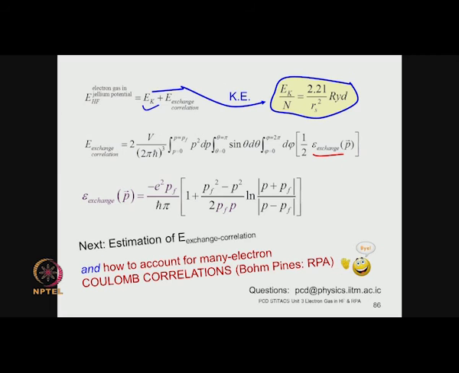You improve upon it, but even that is not enough, because in the Hartree-Fock we have taken care of the kinetic energy part and the exchange interaction. In other words, we have taken care of the Fermi-Dirac statistics, but we have still left out the Coulomb correlations. That is where you will need many body theory.